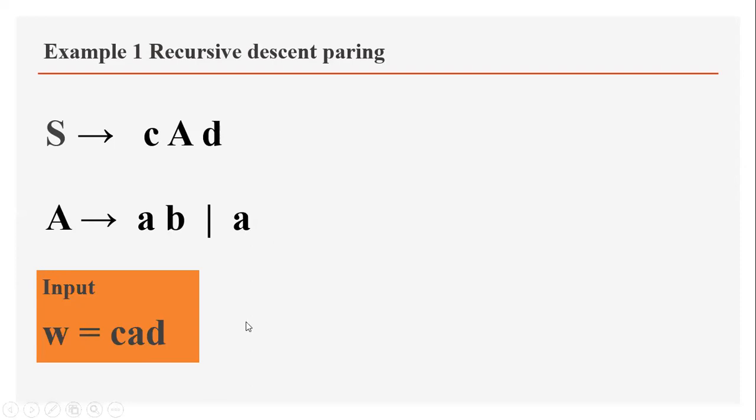That is my question. So how to proceed in recursive descent parsing? Observe these steps carefully. Given the grammar, I want to verify my input.